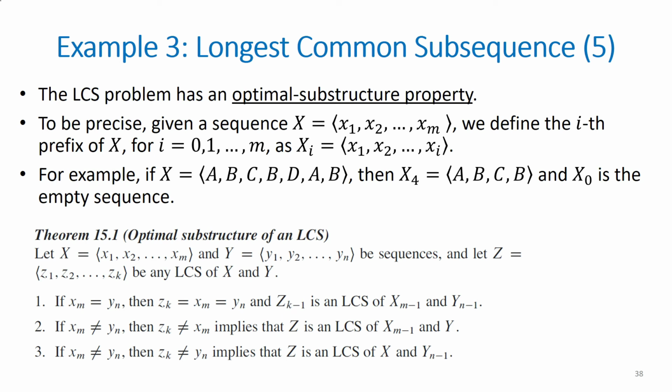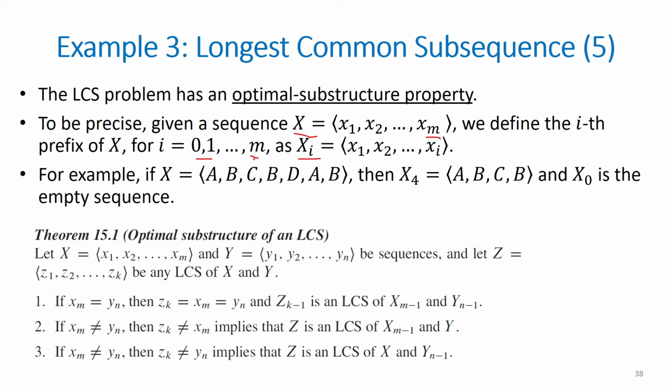Now, let's look at this optimal substructure property. For sequence X, given here, which has m elements, let xi be defined as the ith prefix of X, where i can take values from 0 to m.